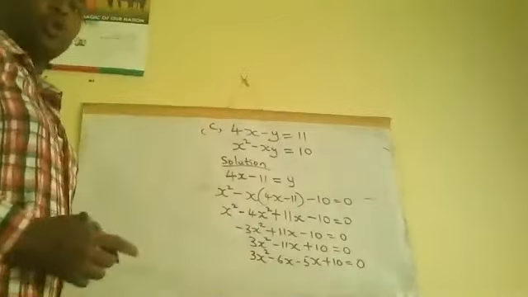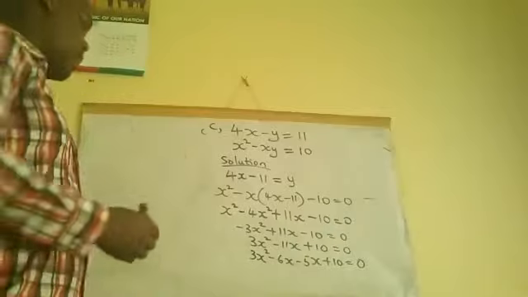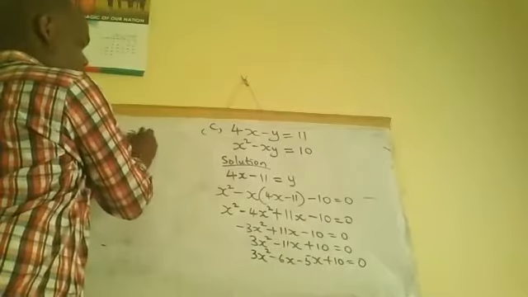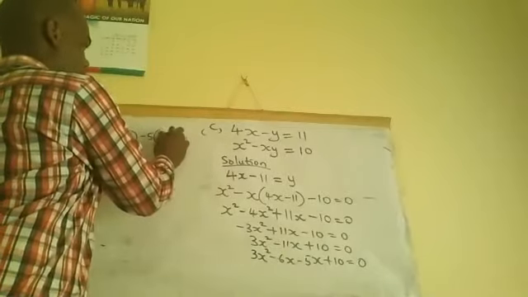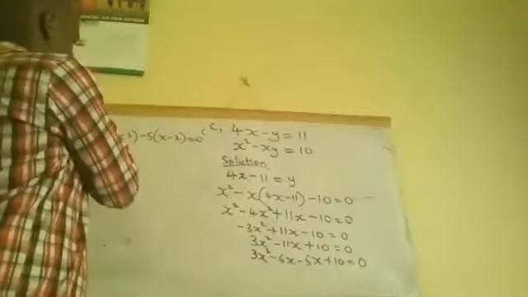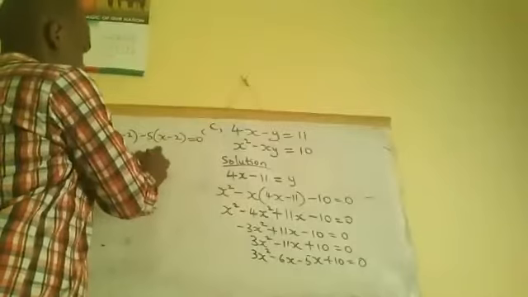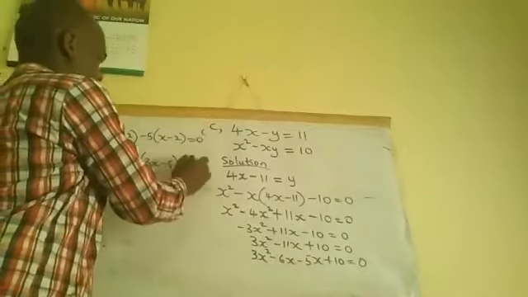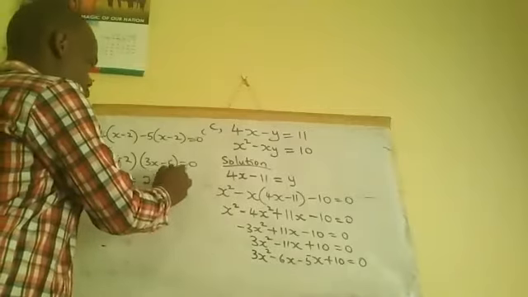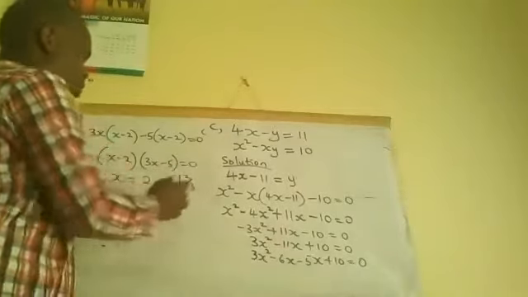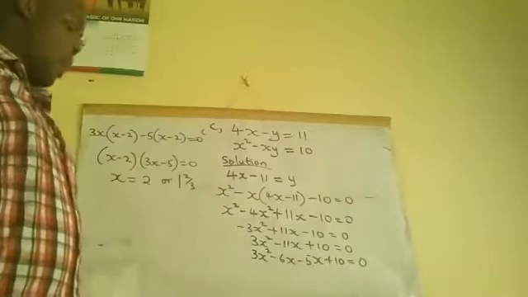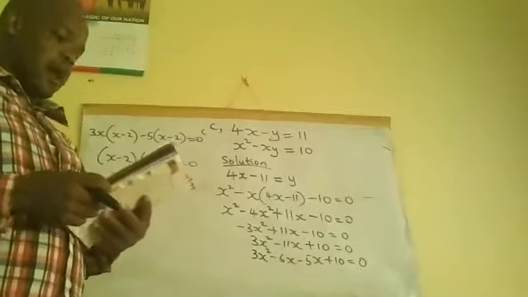So that is it. So you can use whichever method, even the quadratic formula will work. So this is 3x into x minus 2 minus 5 into x minus 2 is equal to 0. Check that sign. So this is x minus 2 into 3x minus 5 is 0. So x will be 2 or 1 and 2/3, because if 3x is 5, then x is 1 and 2/3.